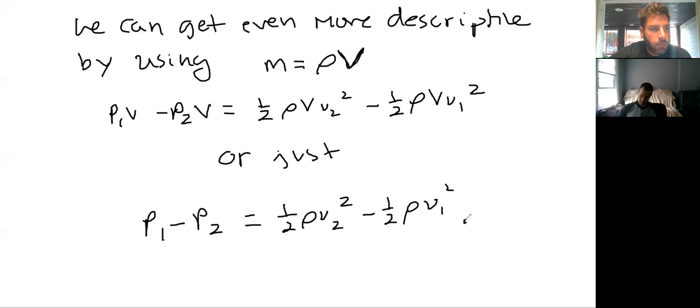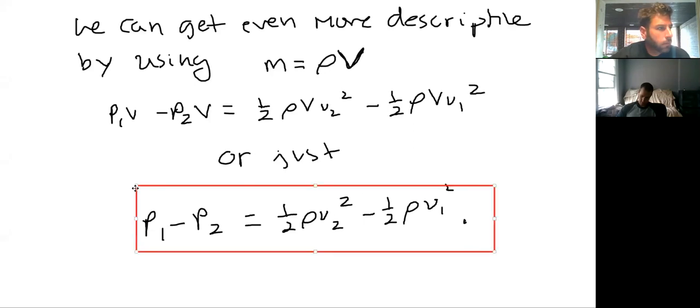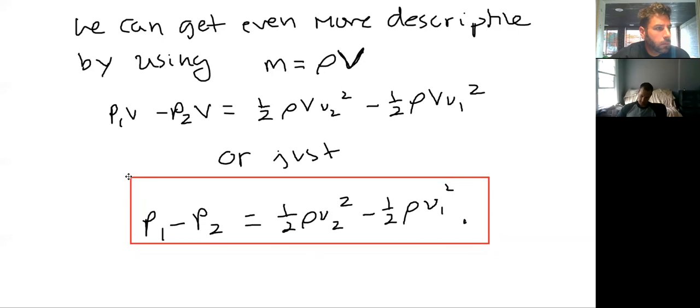It has a name. So this is called the Bernoulli equation, or Bernoulli's equation.